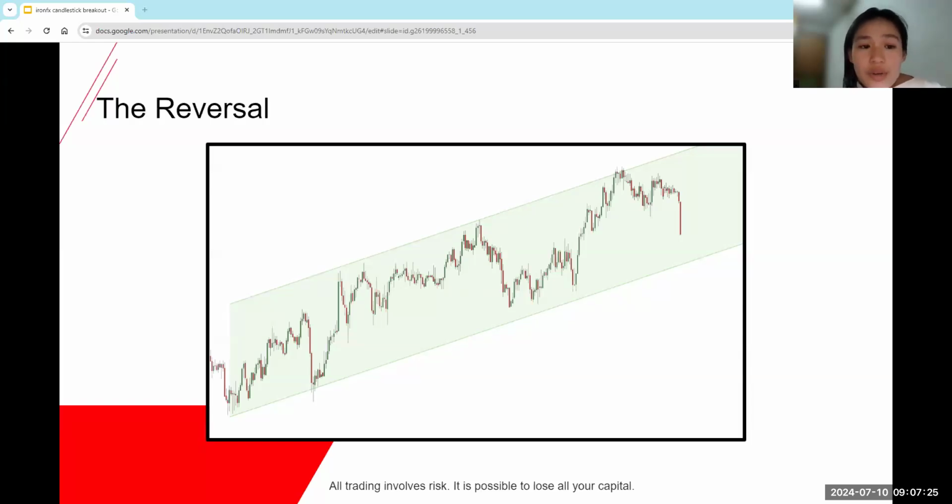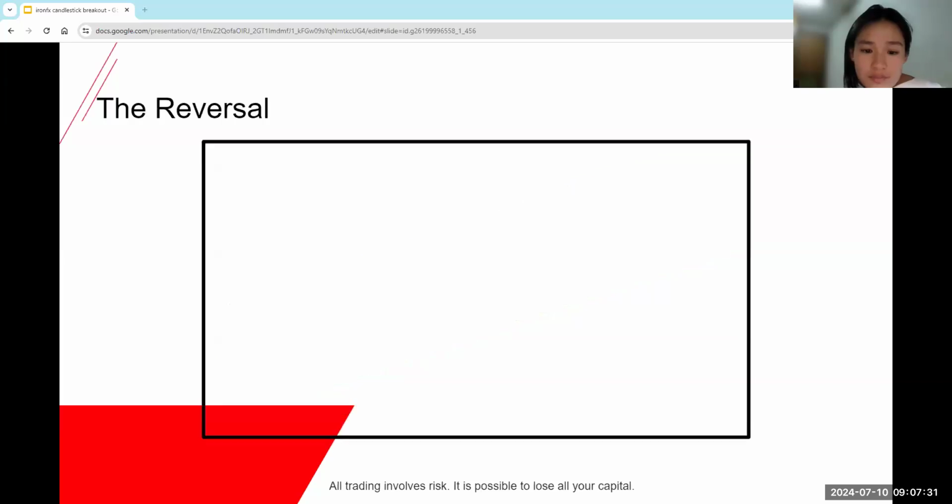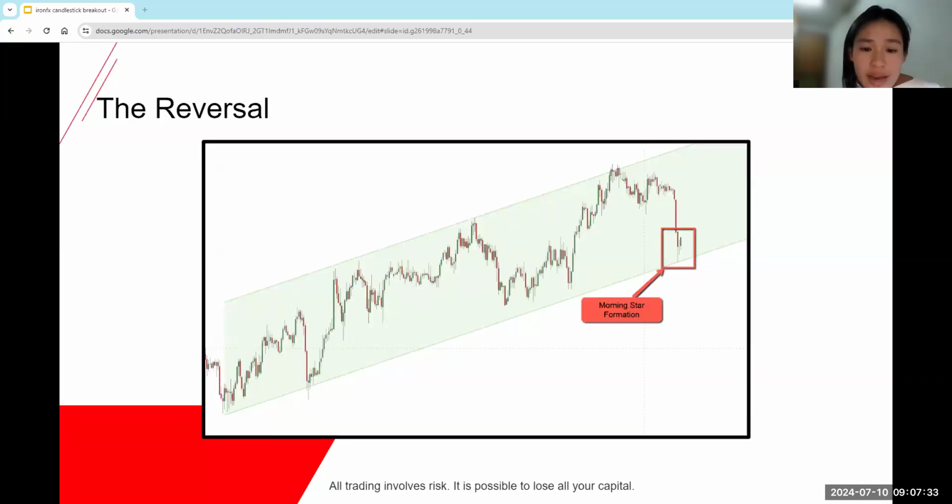So firstly, we have the reversal. Here we have price moving within an ascending trend channel. Here we have a morning star formation. We'll go through a little bit in detail about this formation. But basically, this is a reversal formation, and you can see it's also kind of testing that bottom part of the ascending trend channel.